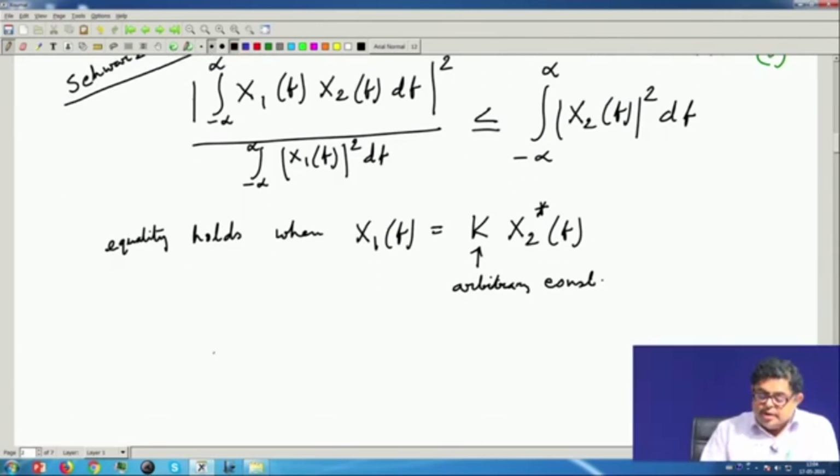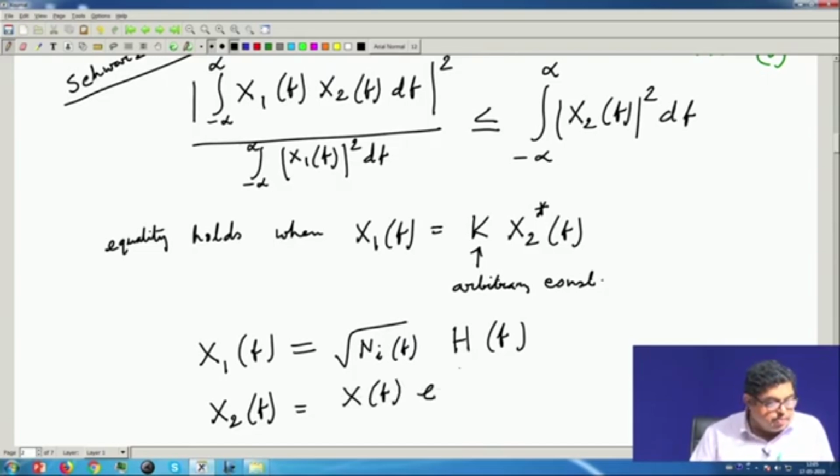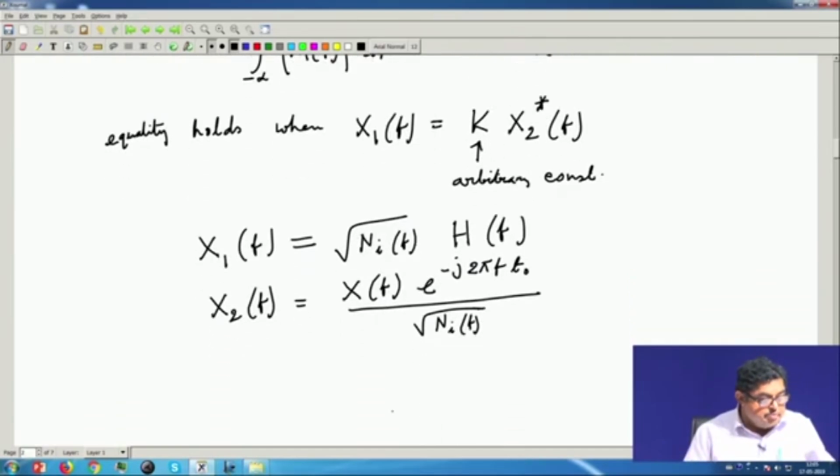From our SNR relation, equation 8, we can choose x1(f) and x2(f) judiciously. x1(f) I choose as root of N_i(f) times H(f), and x2(f) I choose as X(f) e to the power minus j 2πf t0 divided by root of N_i(f).